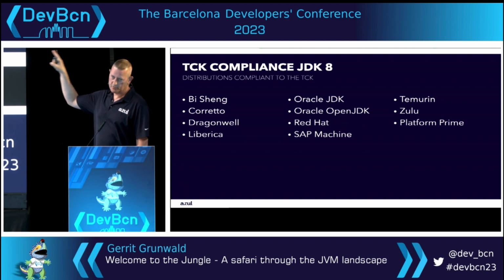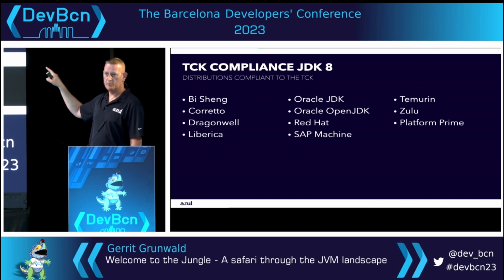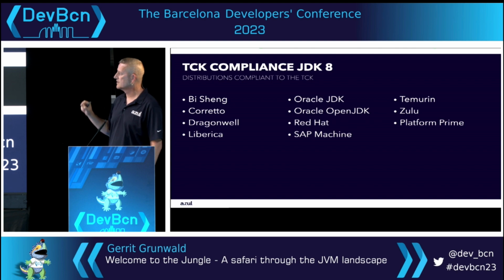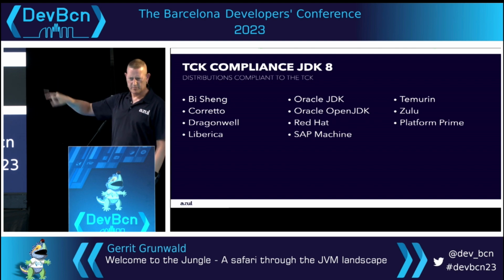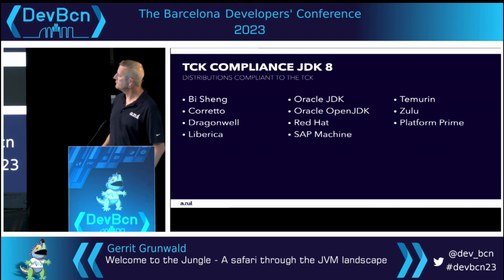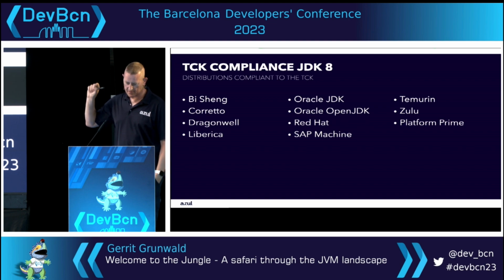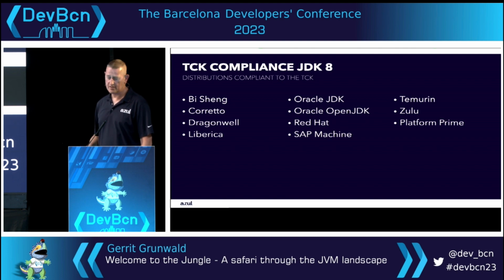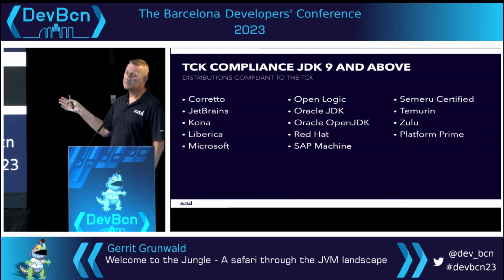These are the distributions that are TCK compliant for JDK 8. And I mention that specifically because you see Dragonwell. I mentioned Dragonwell a lot this time. I mention it here because they have the TCK compliance for JDK 8. If we take a look at JDK 9 and above, there is no Dragonwell anymore.